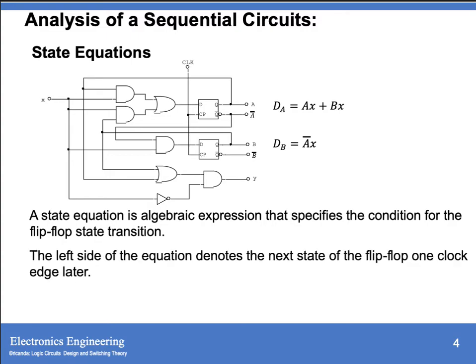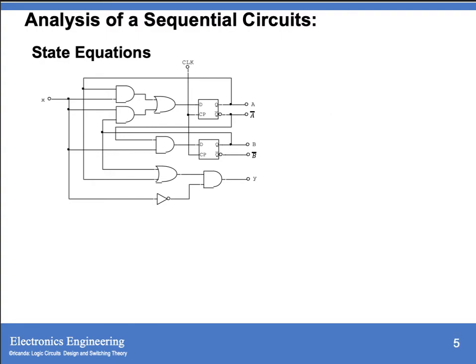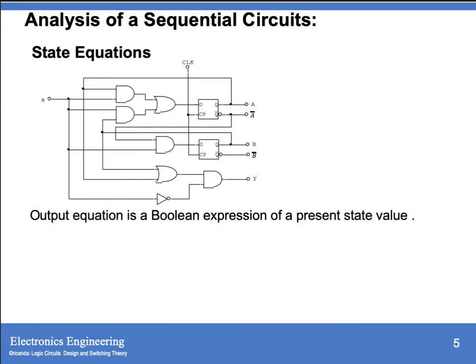The right side of the equation is the Boolean expression that specifies the present state and input conditions that make the next state. The output equation is a Boolean expression of the present state value. So we have to determine your output, which is your Y, that is equivalent to A or B, then AND with X bar.